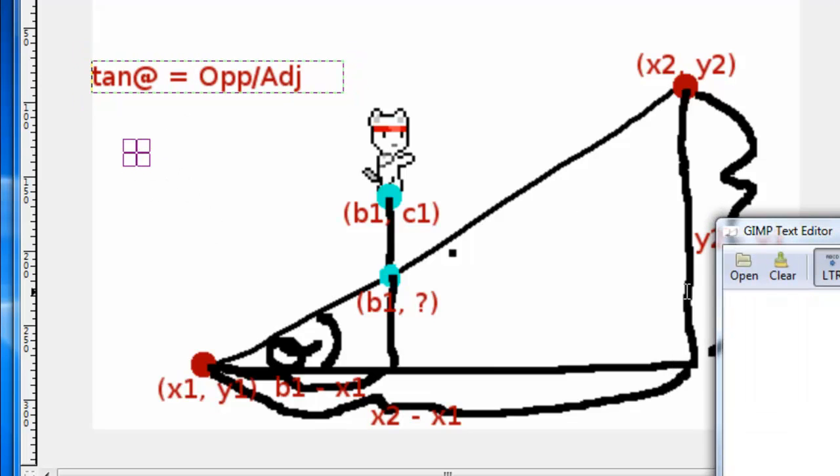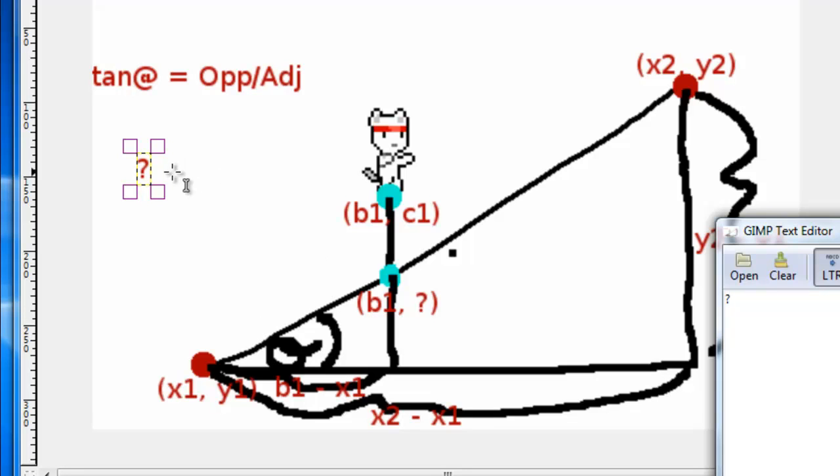All we're going to do is solve for y. So opposite, which is the question mark, we're looking at on our left side of the equation. Let's first have our small triangle.